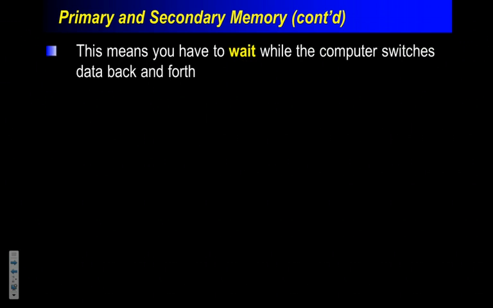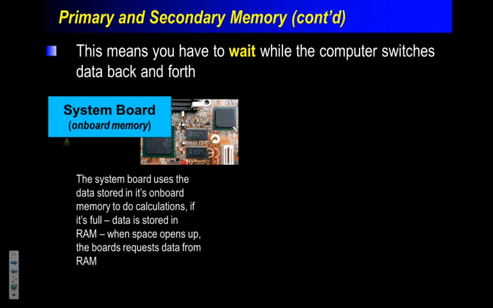So you have to wait as the computer loads up all of its instructions from various pieces of memory. The more RAM you have, the less you have to go to secondary memory. That makes your computer overall work better. On the CPU, onboard memory or cache is the best place. The more memory you have right on the CPU, the more expensive the chip is that you buy.